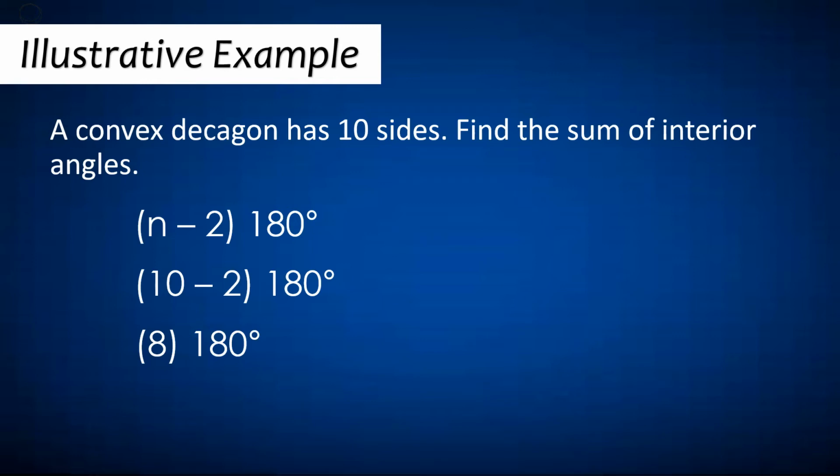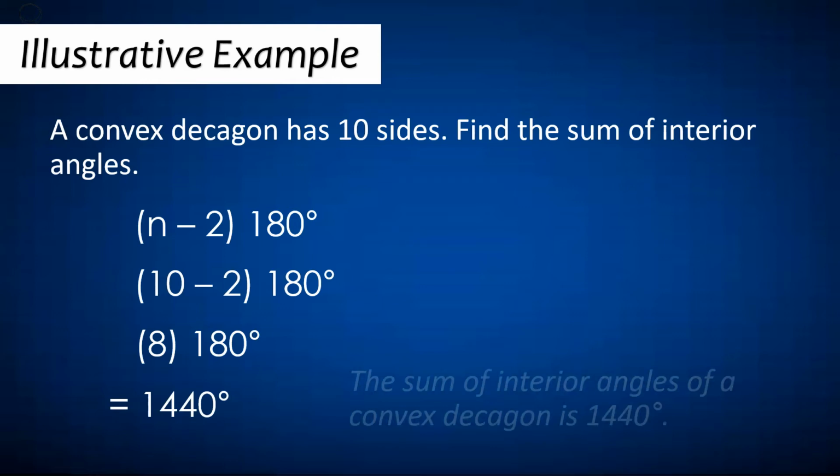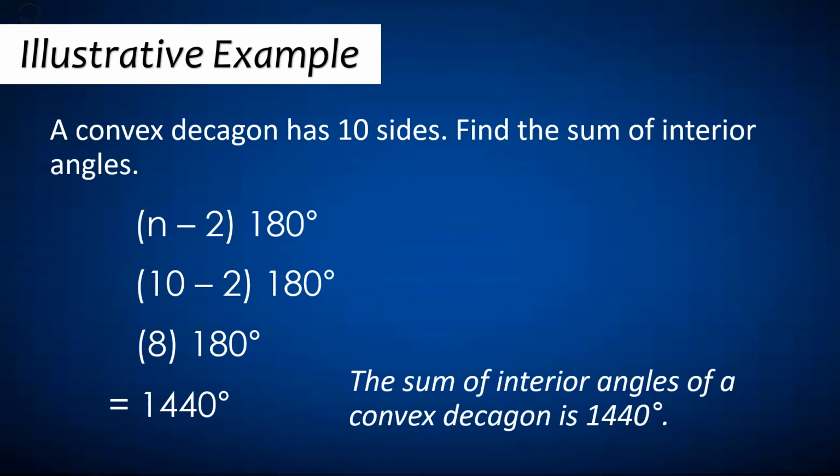And this time, dahil ito na lang yung natitirang operation, 8 times 180, the answer is 1,440. And there, we can conclude na ang sum ng interior angles of a convex decagon is 1,440 degrees. So let's have more examples.